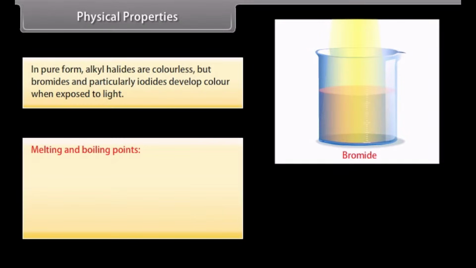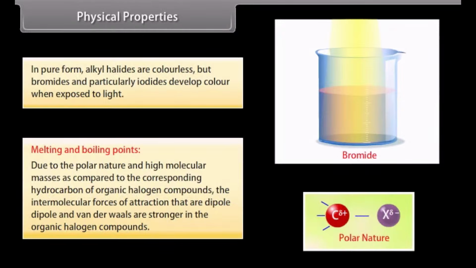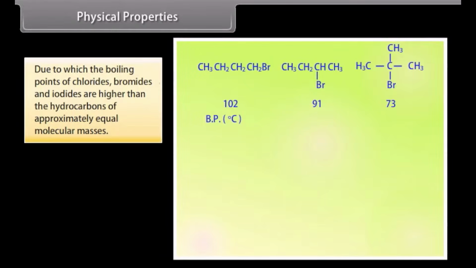Melting and boiling points. Due to the polar nature and high molecular masses of organic halogen compounds as compared to the corresponding hydrocarbons, the intermolecular forces of attraction, that is dipole-dipole and van der Waals forces, are stronger, due to which the boiling points of chlorides, bromides and iodides are higher than those of hydrocarbons of approximately equal molecular mass.